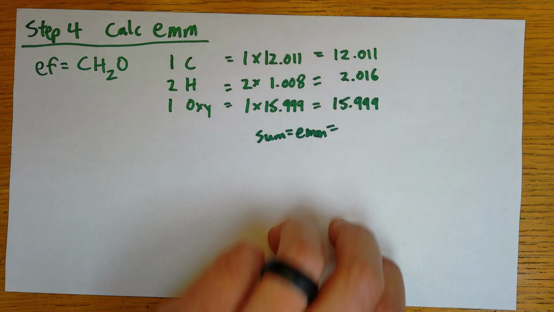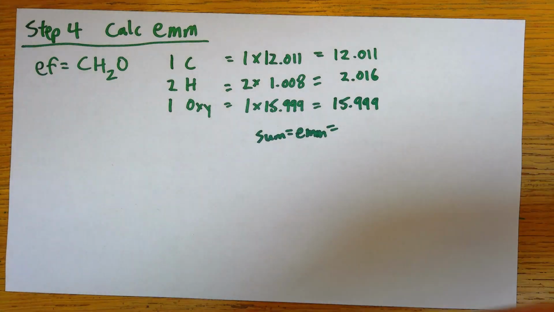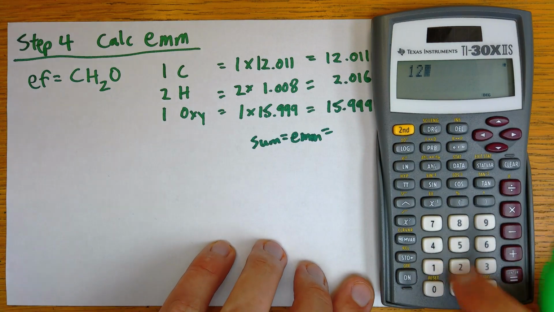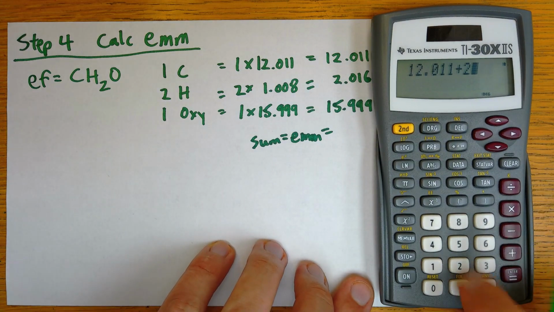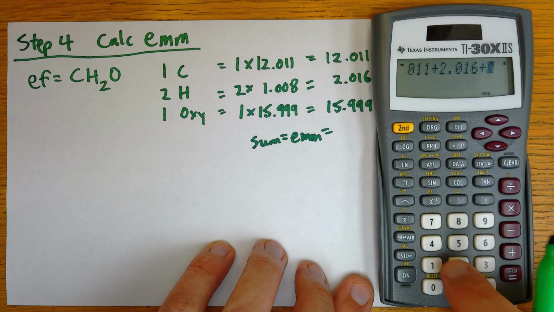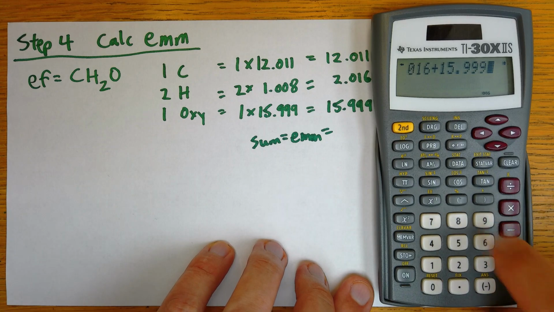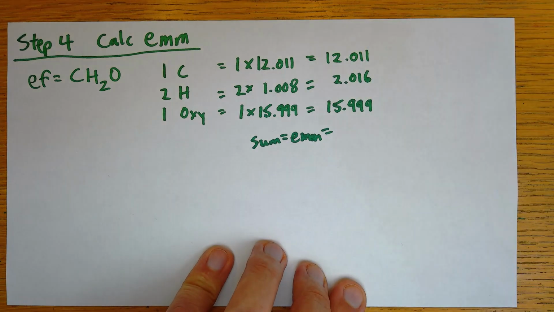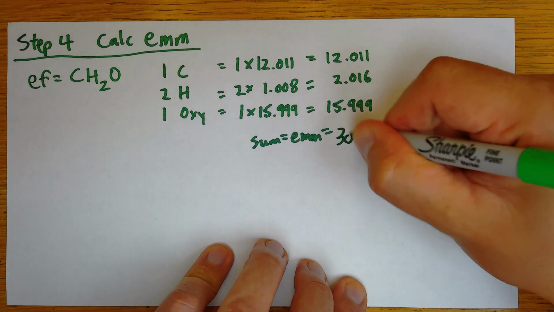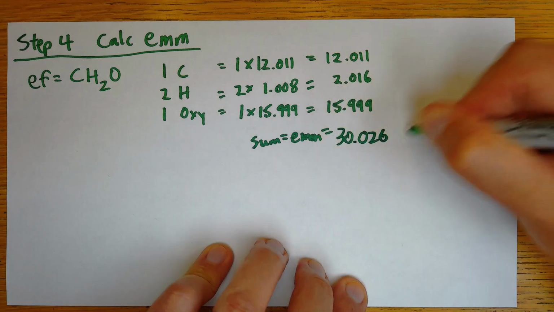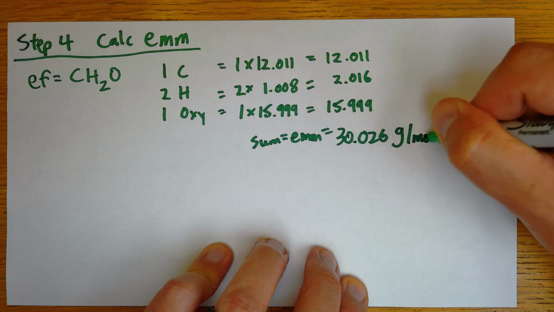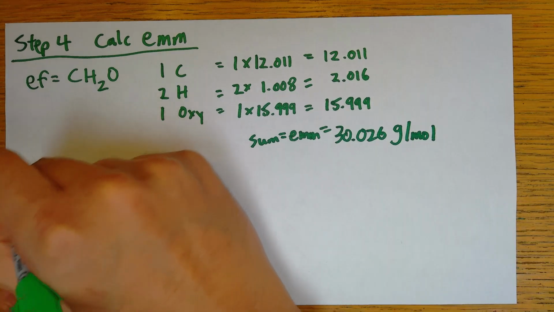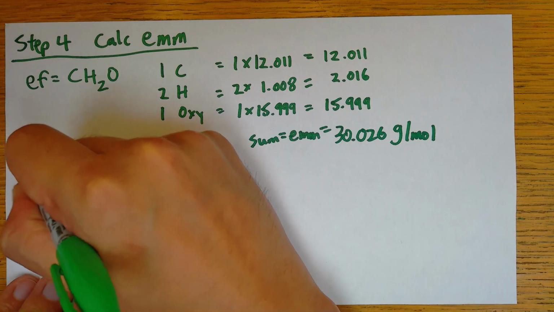So 12.011 plus 2.016 plus 15.999 is 30.026 grams per mole.